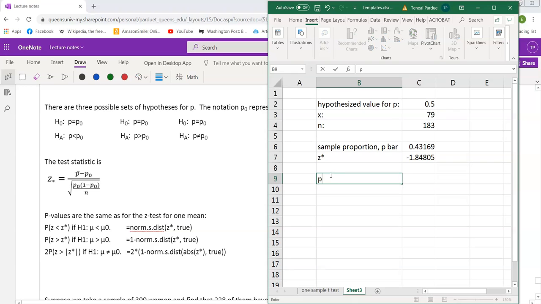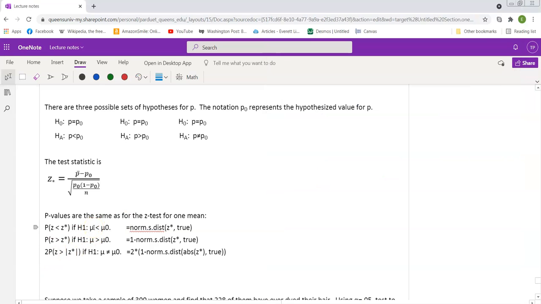And then we're going to need our 3 possible p-values. So we've got our p-value if the alternative hypothesis is p less than p naught. And I just realized I maybe should not have just copied that over without changing these mu's to p. So I told you I copied them right over.